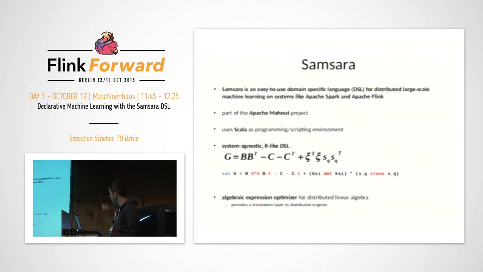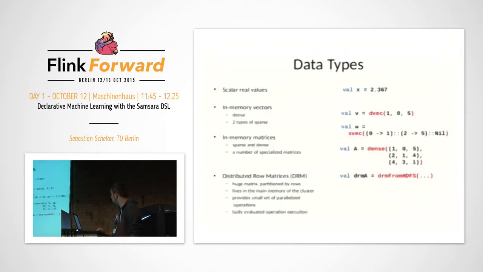Because what Samsara is doing is it's taking this piece of code, it's pushing it through a so-called algebraic expression optimizer, so something that is a bit similar to what compilers or databases do. And then it translates this automatically to distributed engines like Flink or Spark and executes this in parallel. So that is the high-level picture.